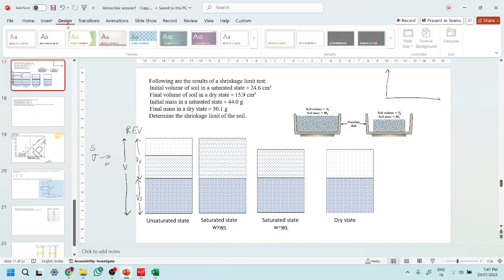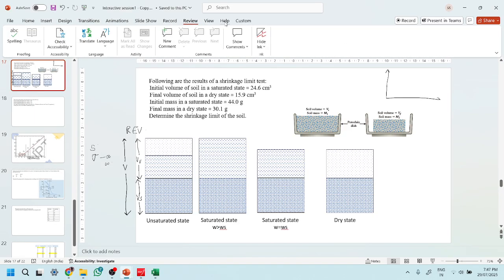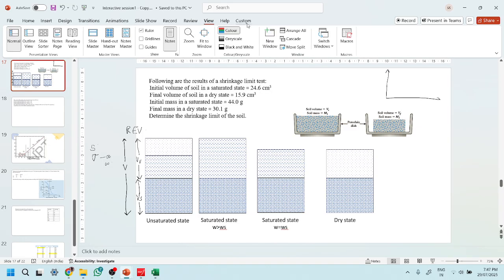I don't know where it went. There used to be this tab in which there were these pen commands.